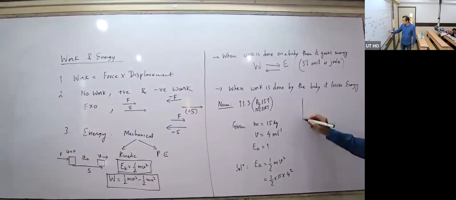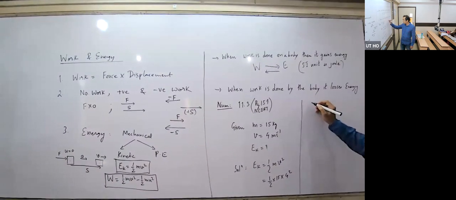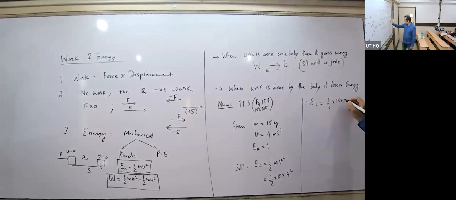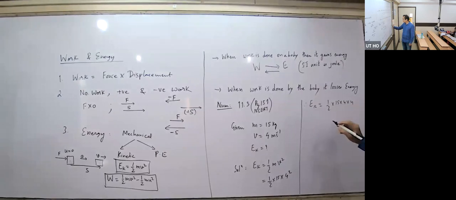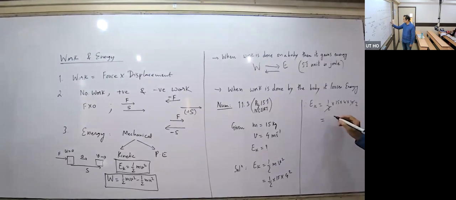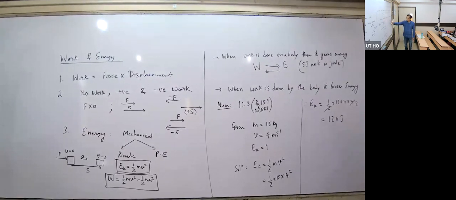So therefore Ek is equal to 1 by 2 into 15 into 4 into 4. Also 4 2s are 8, so it is 120, right? 120. 15 2s are 30, 3 4s are 12, 120.